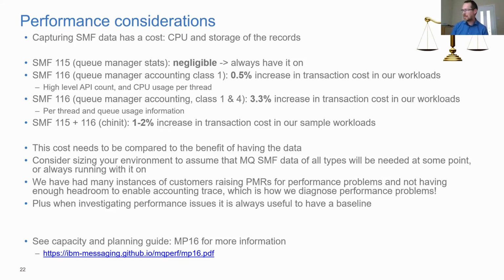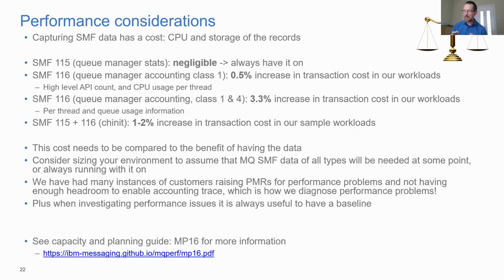Accounting data is a bit more significant, and that is on the order of 1 to 3%, depending on exactly what's going on. And this is really based on what we've seen in our performance tests, which might vary quite significantly from what you see in your environment. And lots of customers get scared about this 1 to 3%.